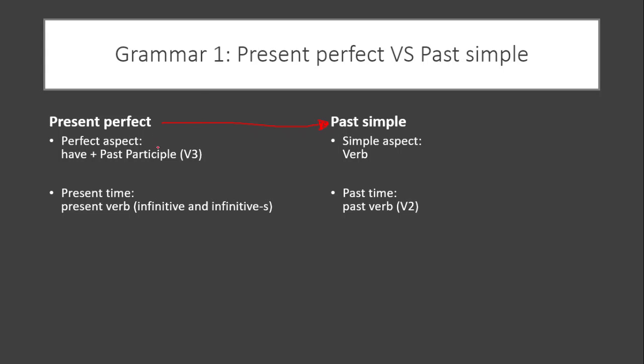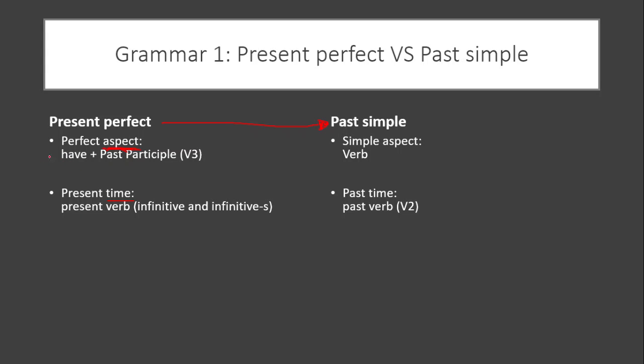To understand tenses, always remember that a tense is composed of two things: the aspect and the time. There are three times that we know: past, present, and future. For aspect, we have continuous, perfect, perfect continuous, and simple, of course.